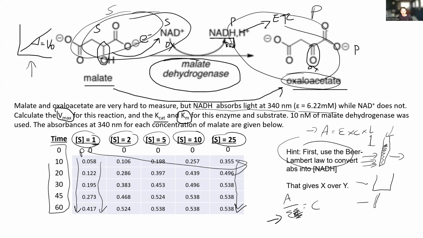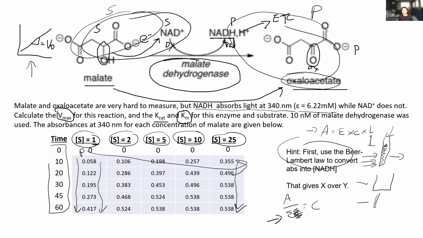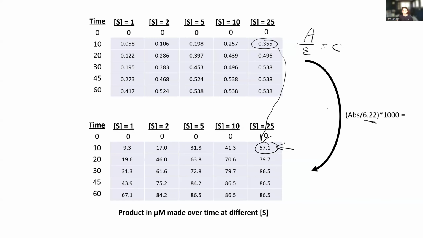And so if we were to plot that, or do all of these individual conversions, we take the absorbance values of each one, and we divide it by the molar coefficient. A divided by molar coefficient equals C. This is now the concentration. And then remember, the molar coefficient was in millimolar.